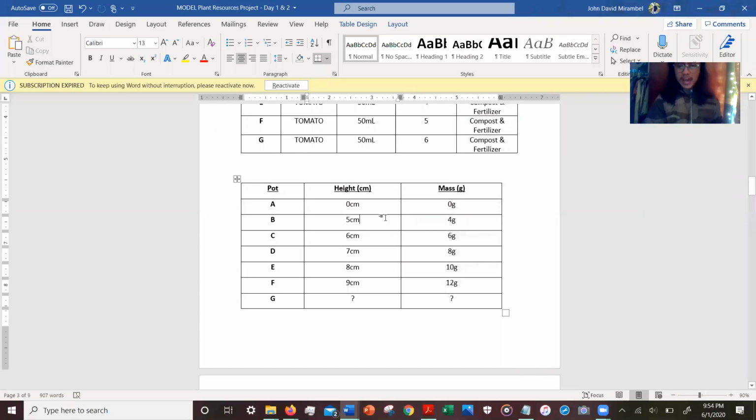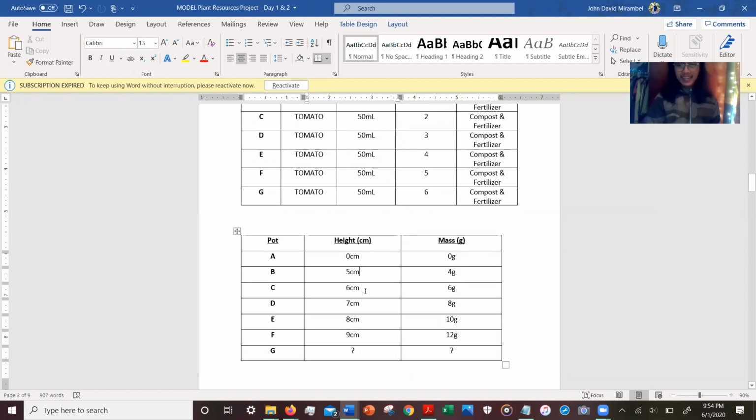If we look at the pattern, the height goes 0, 5, 6, 7, 8, 9, and we have 5 being 4 grams, 6 being 6 grams, 7 being 8 grams, 8 being 10. We could tell that pot G would probably be 10 centimeters in height and 14 grams in mass, considering the pattern before in the other pots.